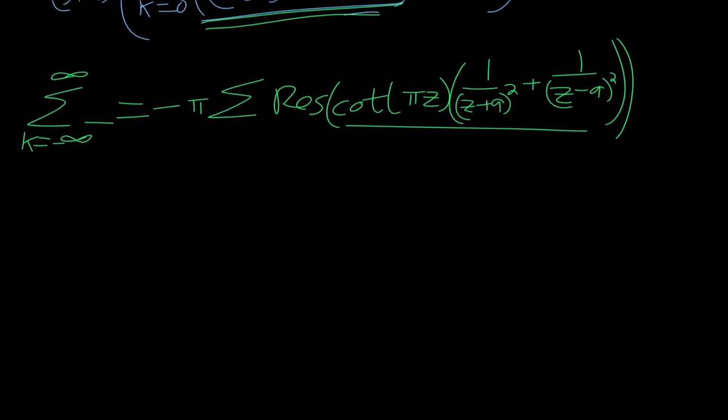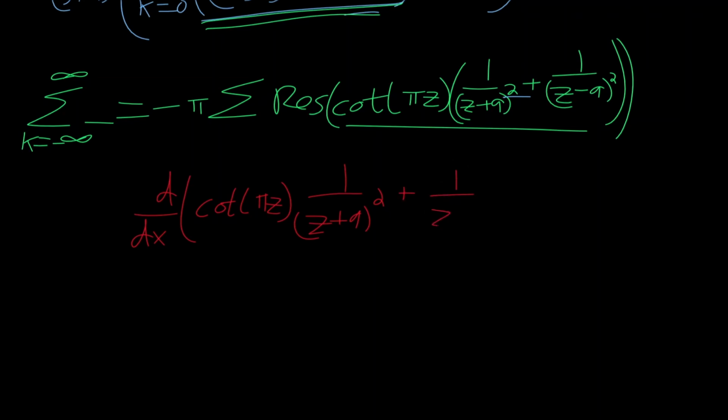So by the formula for a residue, because these poles are second degree poles because we have the squared right here, what we actually have is going to be the derivative, so d over dz, of this right here, our cotangent of pi z, and then 1 over z plus a squared, plus 1 over z minus a squared.